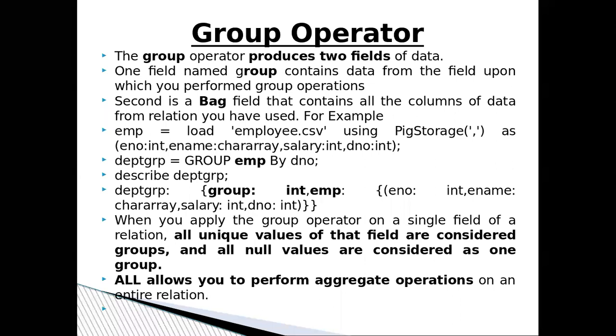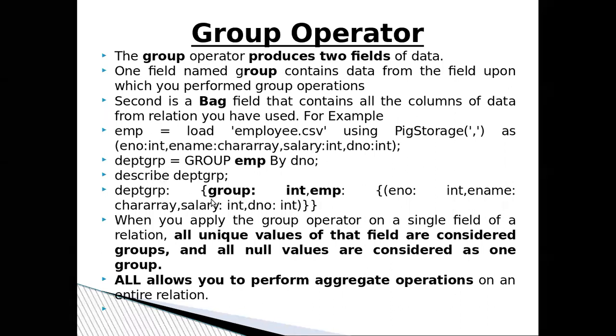All right. For example, if I load a file employee.csv with the following schema and store it in the relation M here. Okay, and then if I group M by DNO, that is a department number, then a new relation department group is formed. If you describe this new relation, you will see that there are two fields in it.